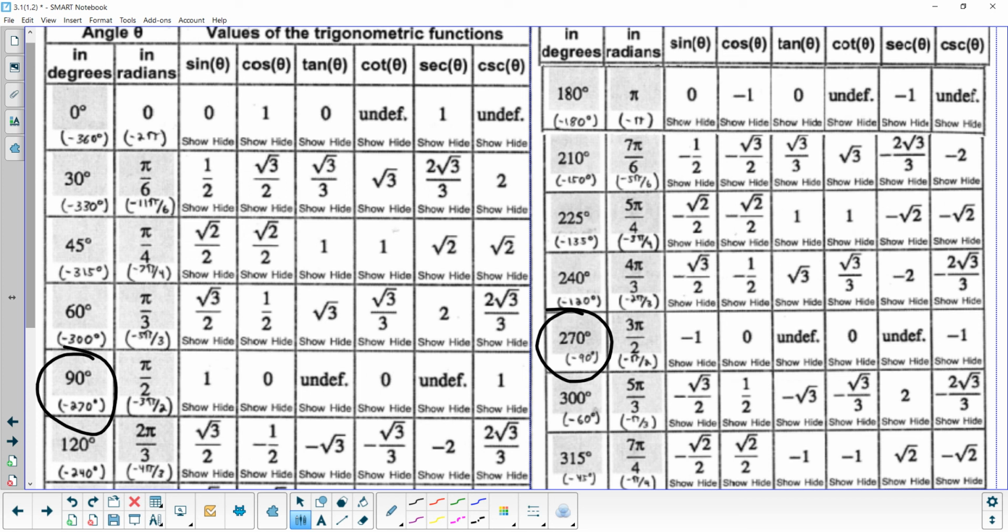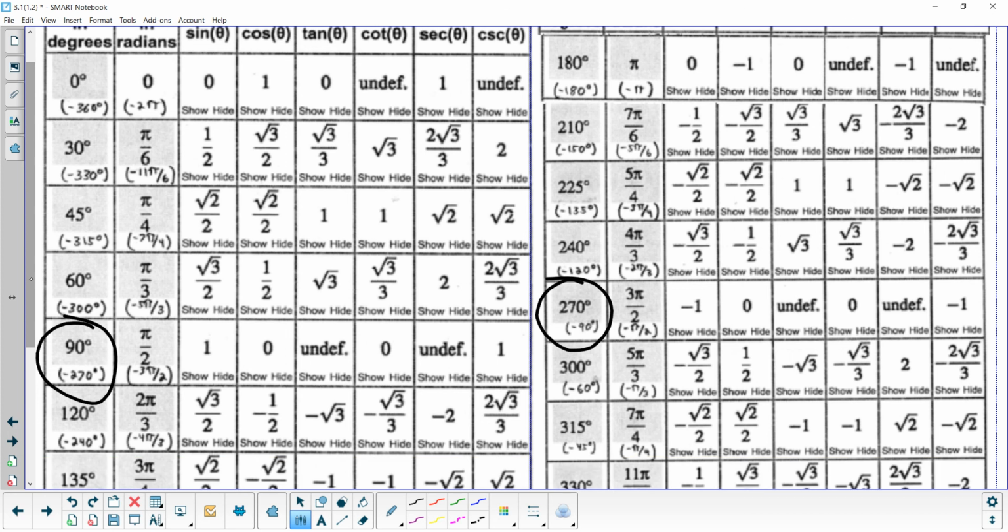We've got to get negative 90 and 90 out of our head now. That was inverse sine. Inverse cosine, 0 to 180. So the only number here that is between 0 and 180 is 90. Negative 270, positive 270, negative 90, all no. So the answer is positive 90 or pi over 2.